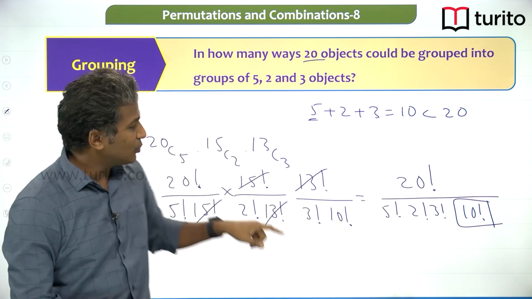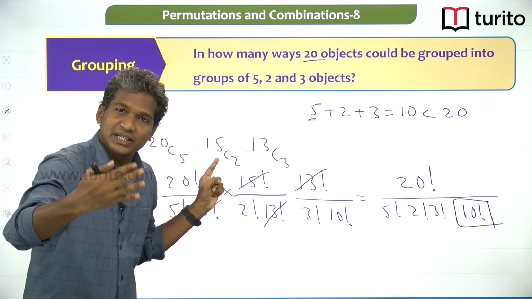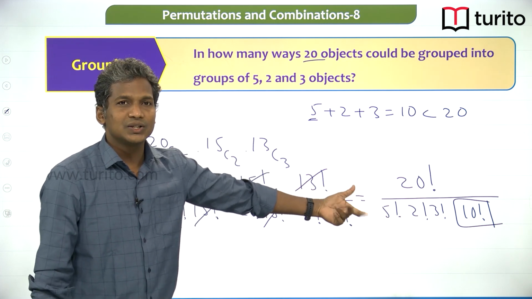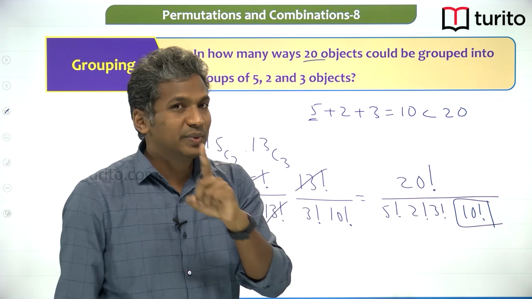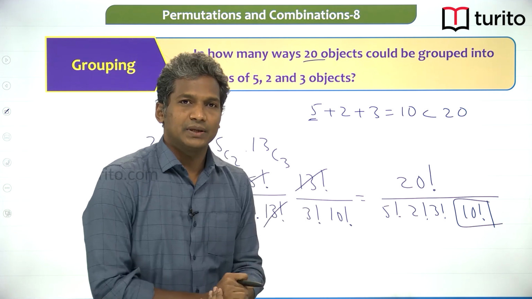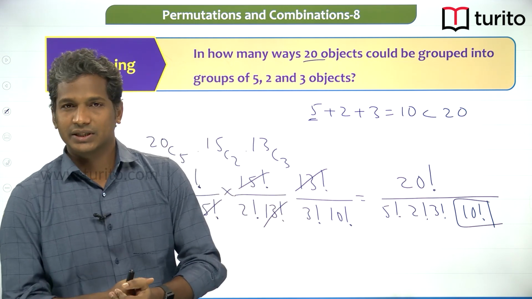But if you go by the selection process, if you remember that grouping is nothing but selection, you don't have to remember that 10 factorial, right? So that is exactly why I keep stressing that remember that grouping is selection, you don't have to remember the formula. Okay. So come on, make a note of this and also make a note of that important point that I have discussed.